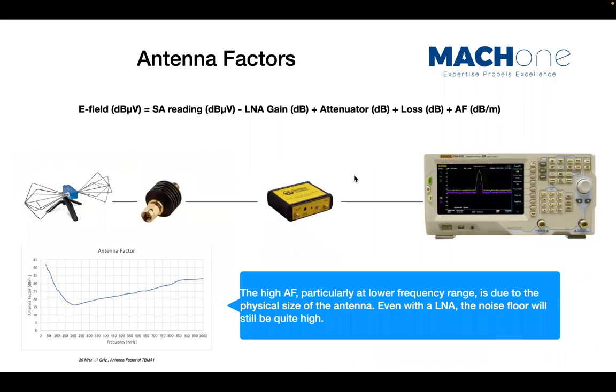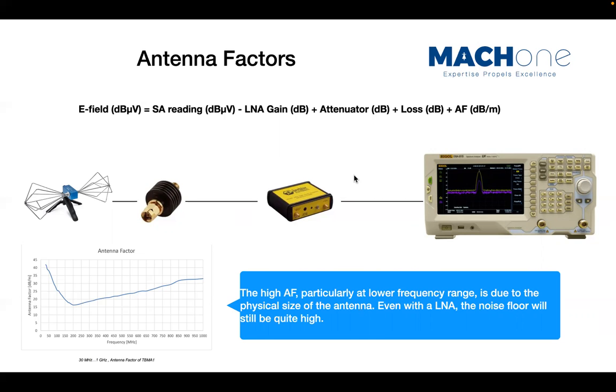One thing I need to point out is the physical limitation of using small size antennas. For example, if your product has some emissions between 30 megahertz and 300 megahertz, which is often the frequency range of interest, a full-size biconical antenna is often needed.